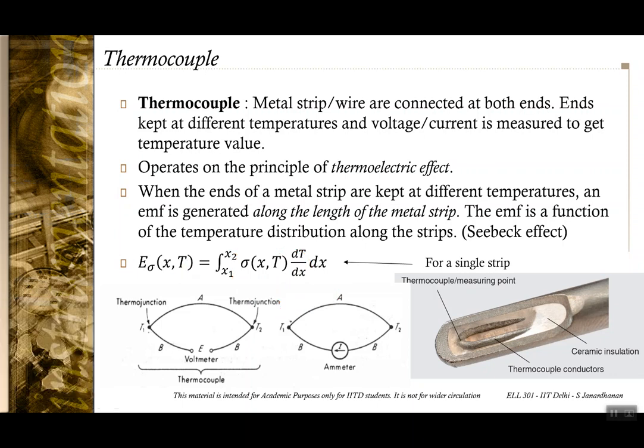On the other hand, if dT by dx is equal to 0, that is T1 equal to T2, it doesn't matter what the material distribution is, whether there is a variation in the material distribution along the length, the EMF would turn out to be 0.